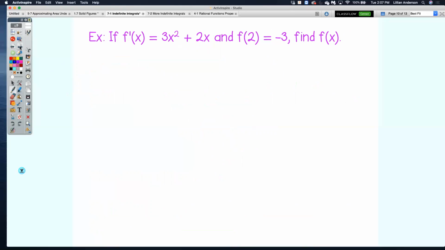Okay? So to do that, you do the antiderivative of that function, 3x squared plus 2x dx. Give you about 30 seconds.